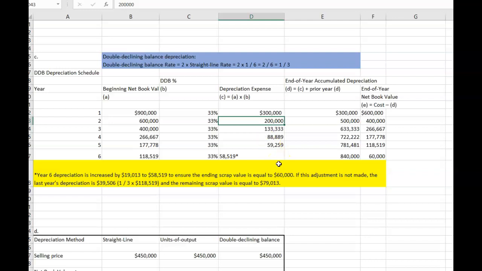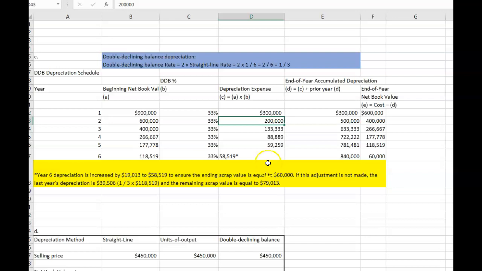There are one or two ways you can deal with this issue, and the one that we're going to use here is, when we get close to the end of the useful life, to make sure that the last year reflects the remaining amount of depreciation expense.